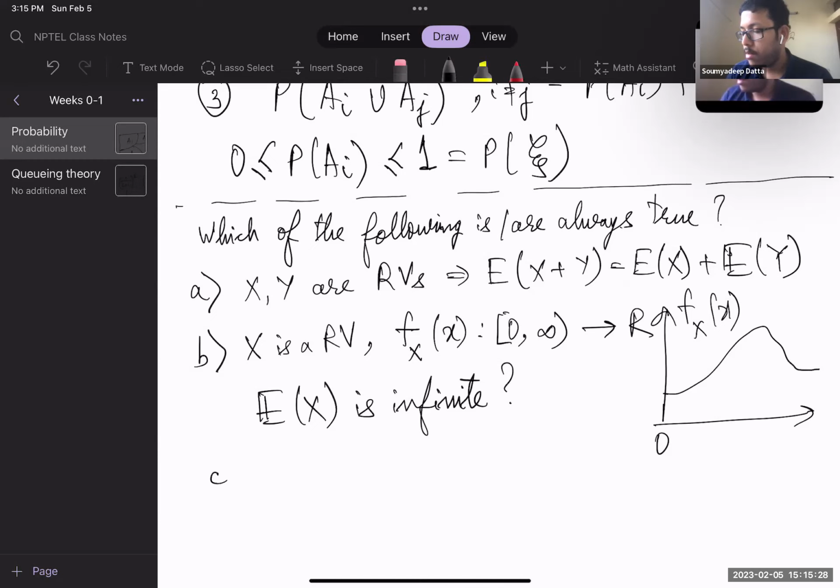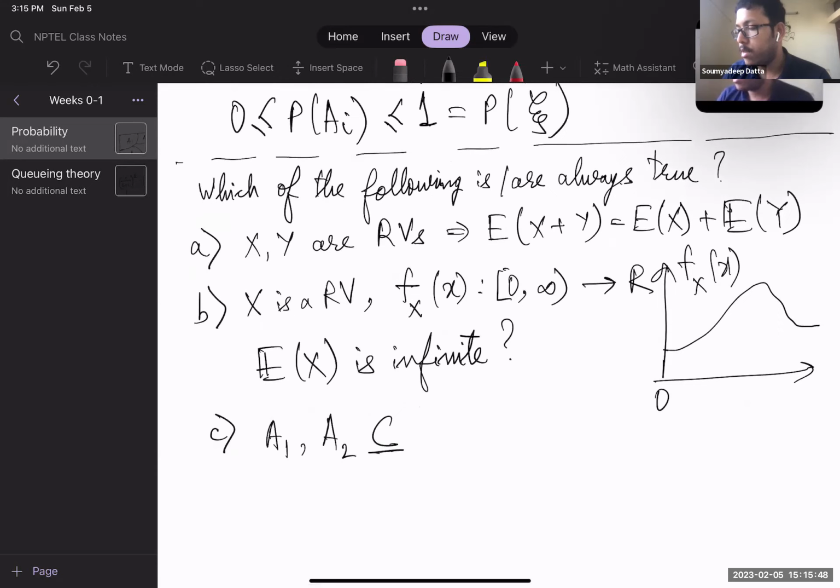And third is, let's say, again, I have two sets. I have A1 and A2, both a subset of a bigger set, let's say B, right? That's all I know.